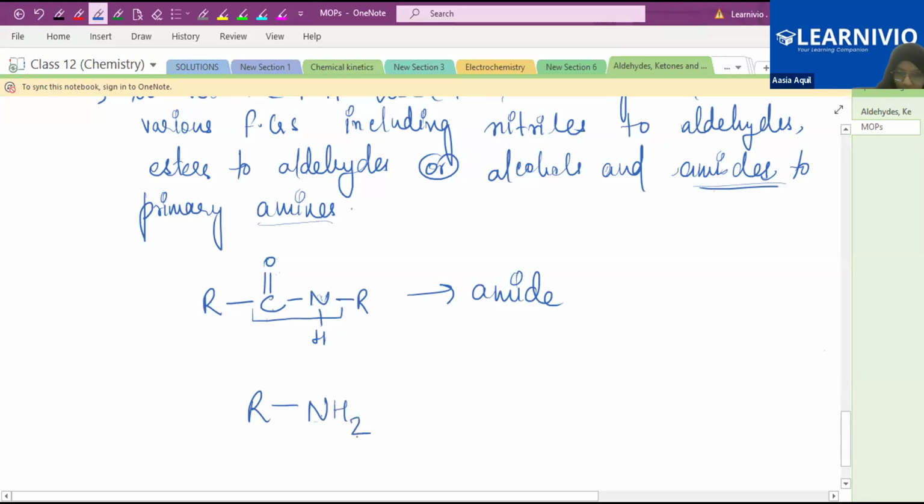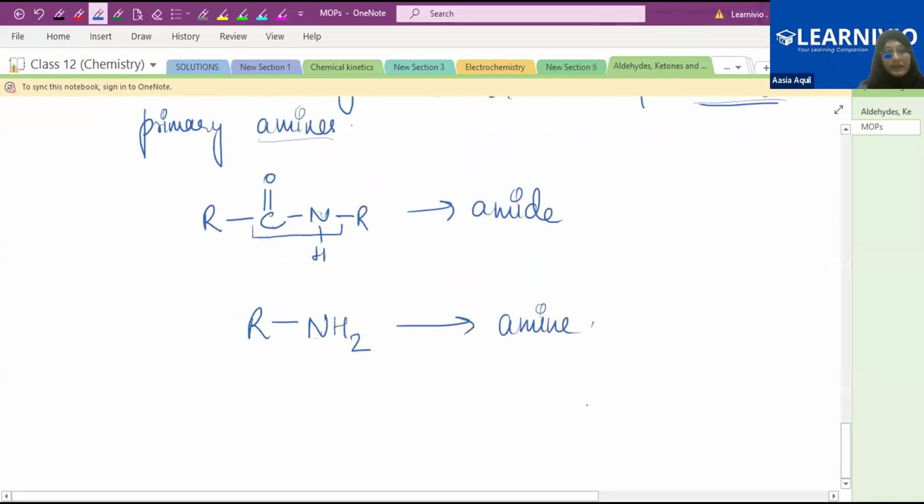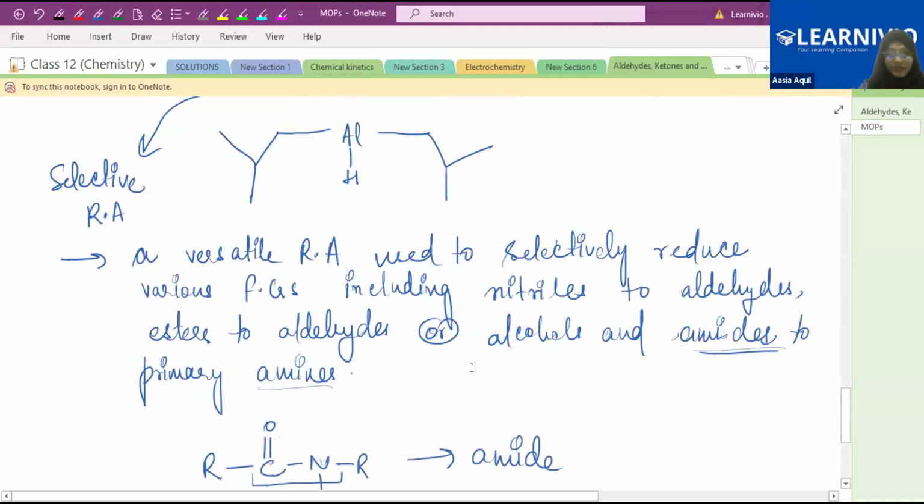Suppose यहाँ पे NH2 group है and here any alkyl group, so it is known as amine. Okay, now the difference is clear. What is amide and what is amine? Yes, ma'am. Okay.